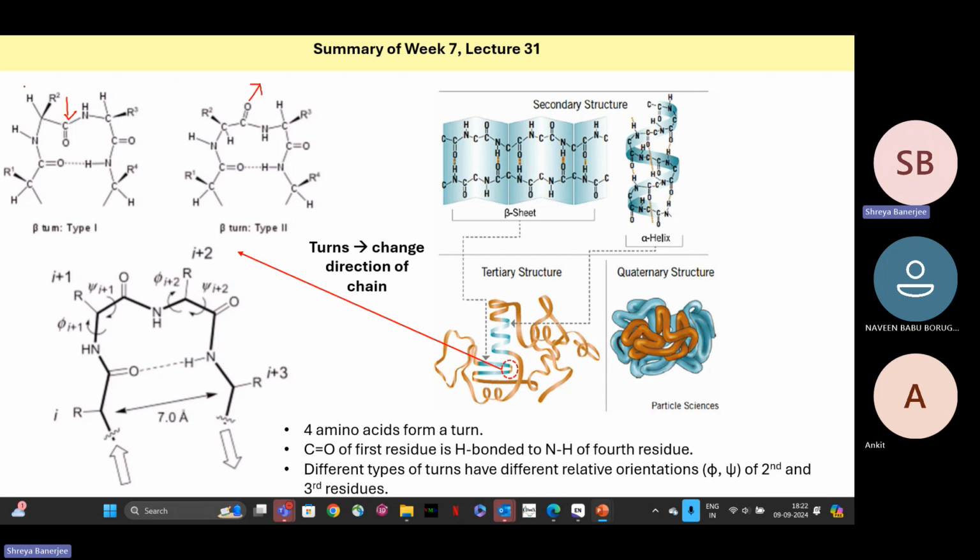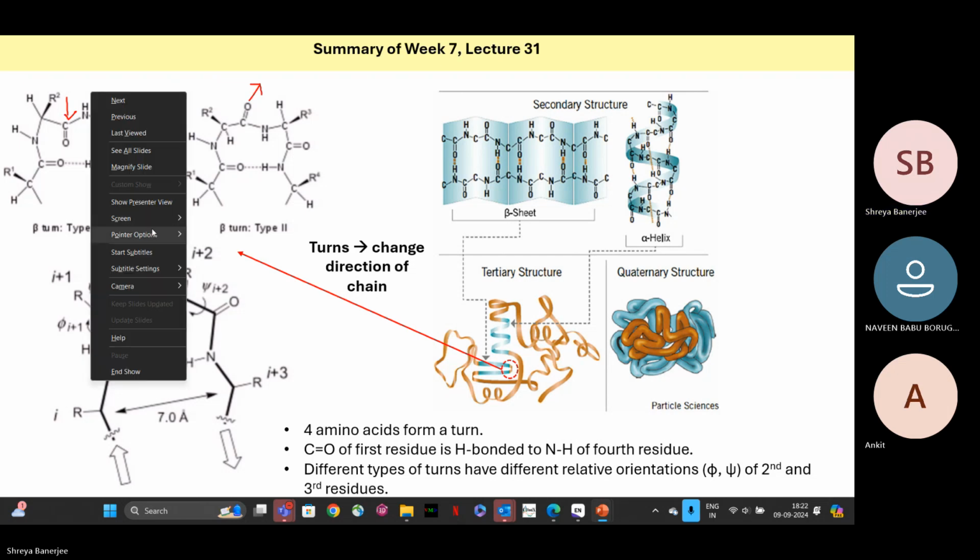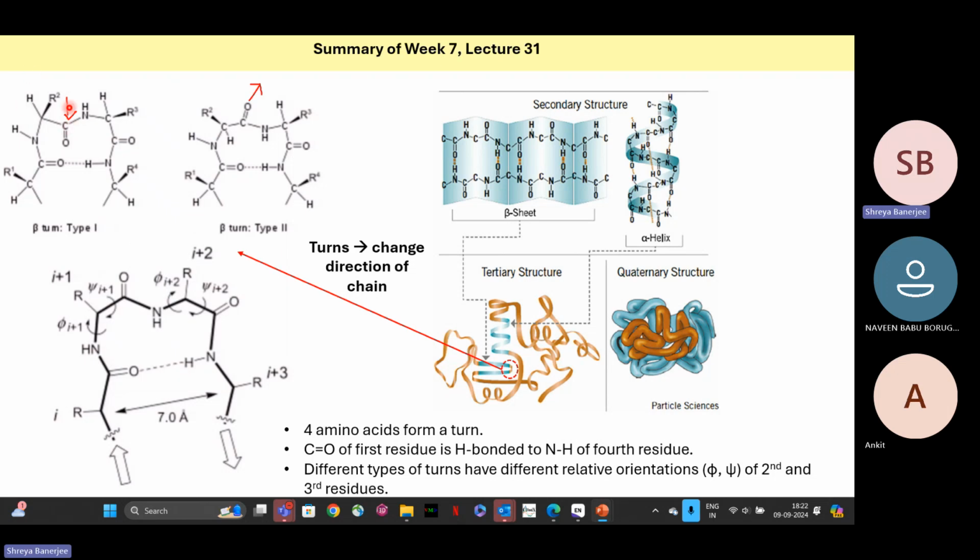Another thing is that both the H and R group of the i plus first residue are outwards, whereas here R is outwards, H is inwards. Similarly, there are certain small changes in the orientation of the different amino acids, and that is how different kinds of turns are formed. These are often called beta turns because most often they are found in beta sheets. So this also forms another kind of secondary structure.